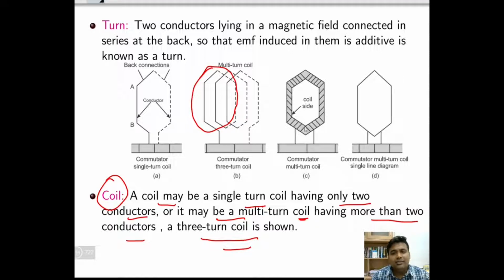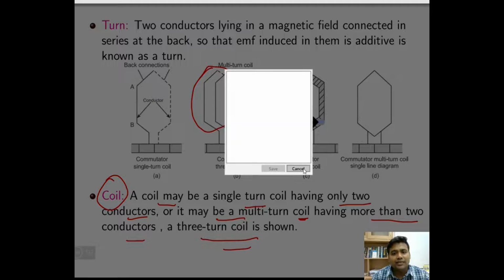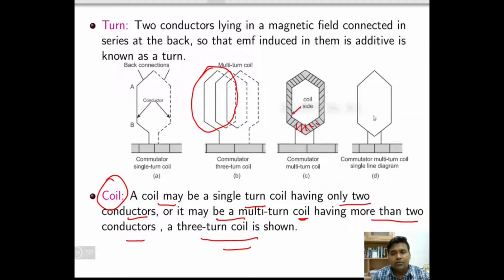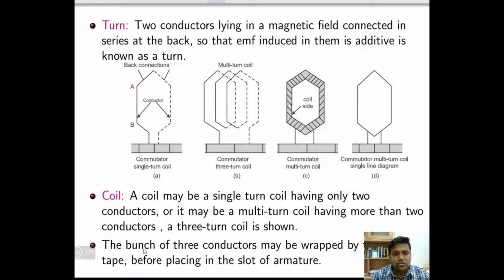And here you can see the coil side, how it is connected, and some material is given between the two coil sides. Now if you have a commutator with a multi-turn coil, a single line diagram is shown. The bunch of three conductors may be wrapped with cotton tape before placing in the slot of the armature.